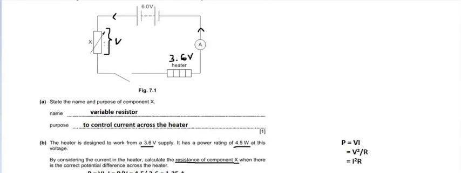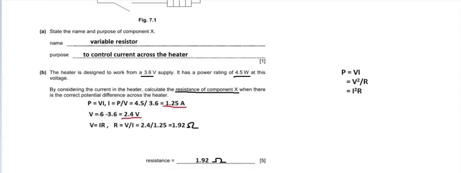The same current should flow through this variable resistor because this is a series circuit, and in a series circuit the current remains the same but the potential is split. That's why this 6 volt potential should split across this resistor and the heater. So 6 should be equal to V plus 3.6. That's why V should be equal to 6 minus 3.6, which is equal to 2.4. So that way we found the current through the variable resistor and the potential difference across it.